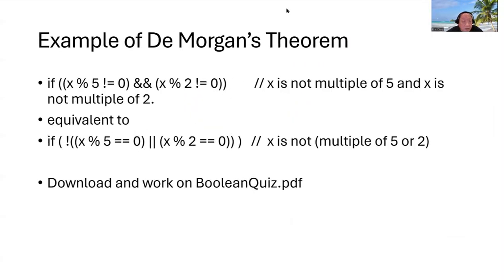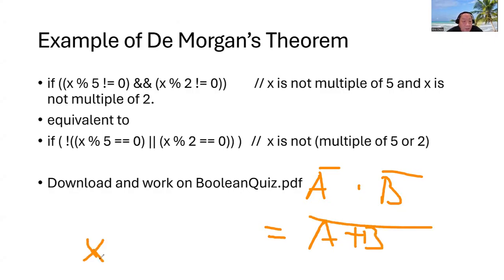If x is not a multiple of 5 and x is not a multiple of 2, both of it, then this is A bar and B bar. It will be equivalent to A or B's bar.